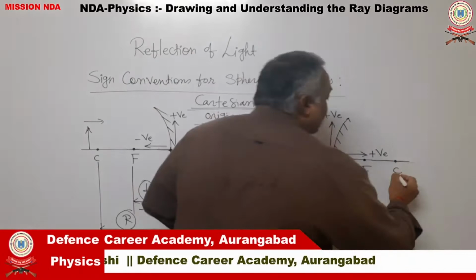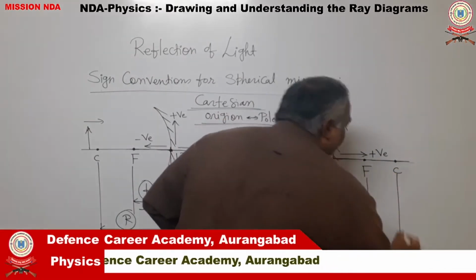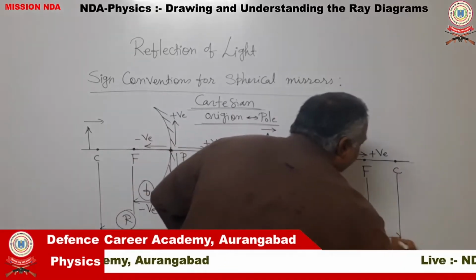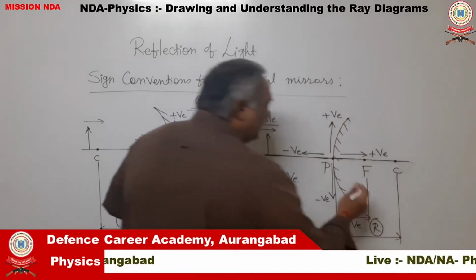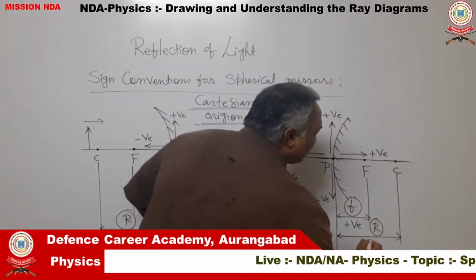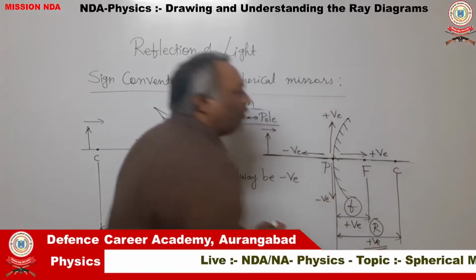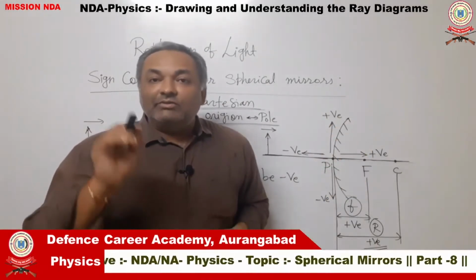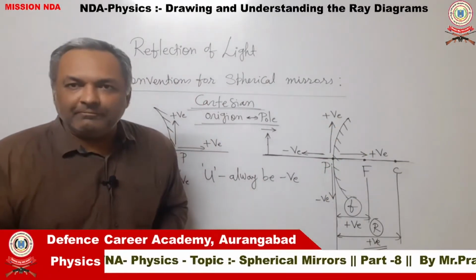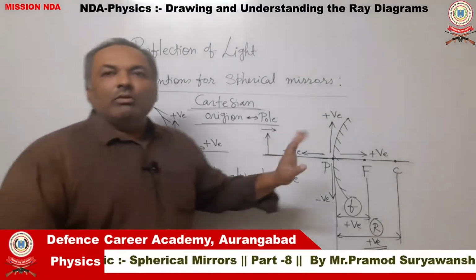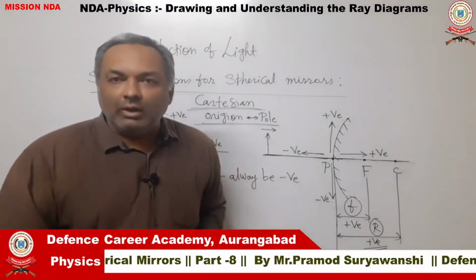Exactly the same is done for the radius of curvature. The distance between the center of curvature and the pole is the radius of curvature. Again, as you will be going towards the right side to measure the radius of curvature, the radius of curvature of a convex mirror is also positive. So once again, these points apply to spherical mirrors only.